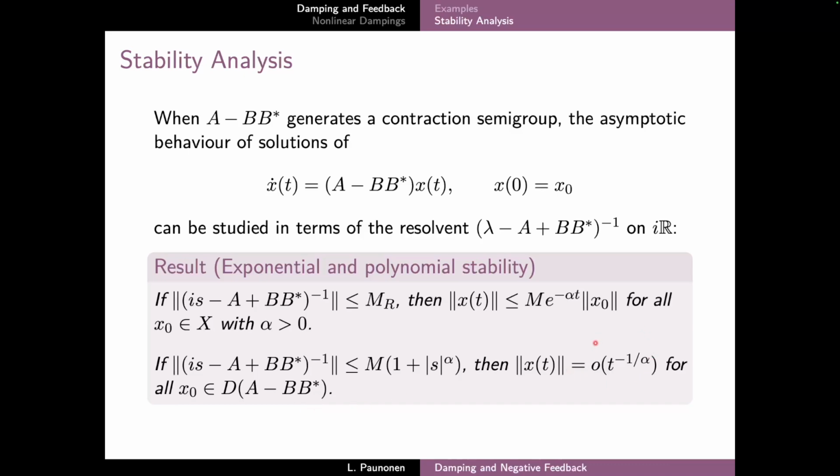And in addition, there is a direct correspondence between the polynomial growth bound of the resolvent and the decay rate of the classical solutions as t goes to infinity.